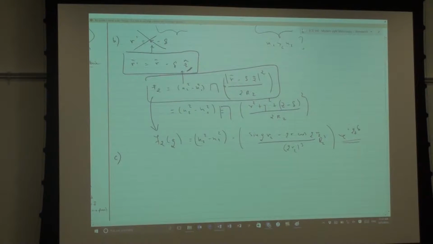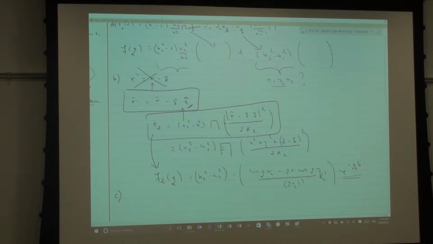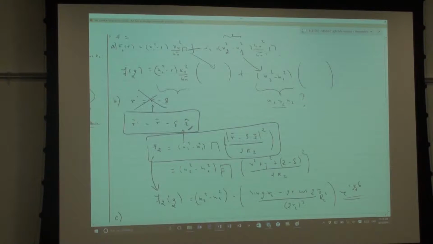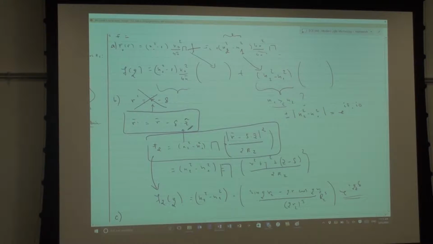What if we switch between N1 and N2, we switch the sign, meaning the nucleus is higher than the cytoplasm versus the other way around. And the interesting thing there, and some of you noticed that, is that if I go from a plus to a minus, let's say magnitude of N2 minus N1, it's the same as writing e to the I pi times the same thing.